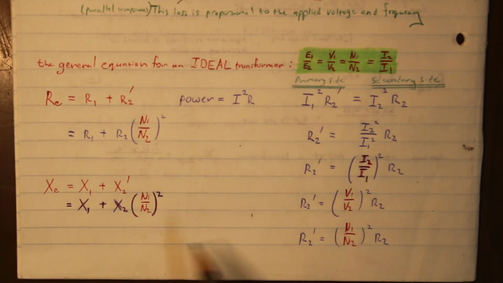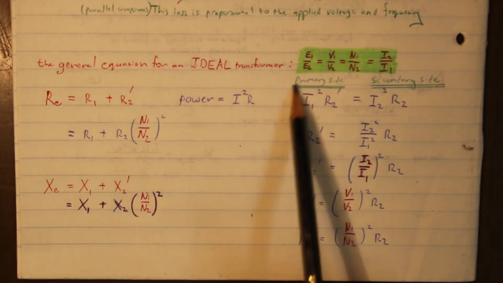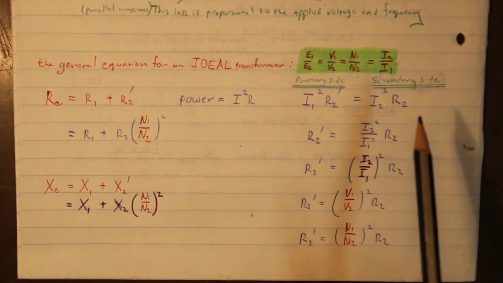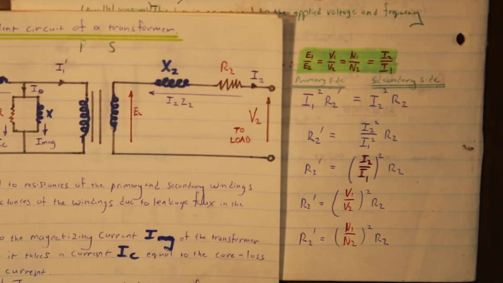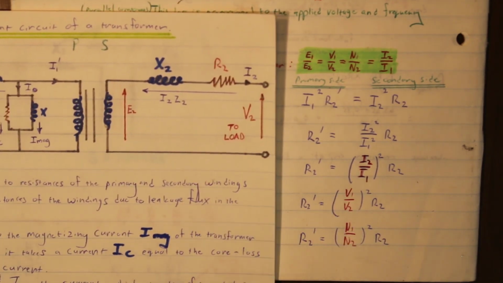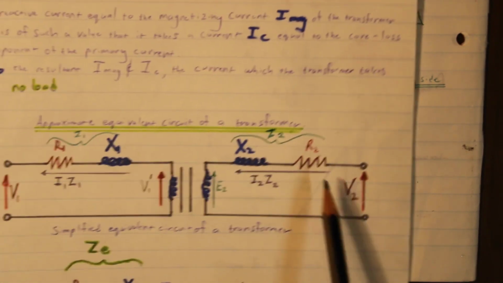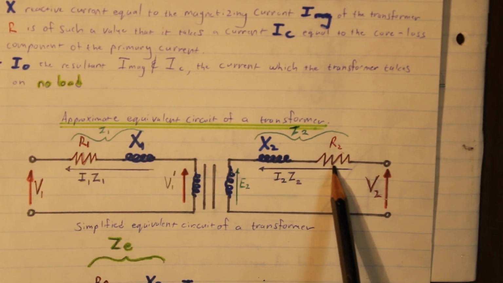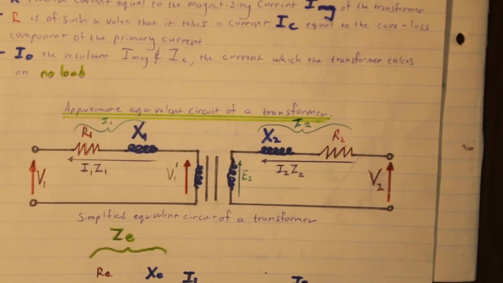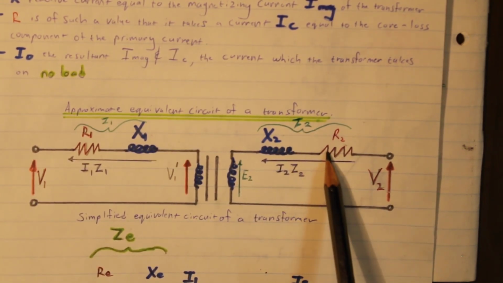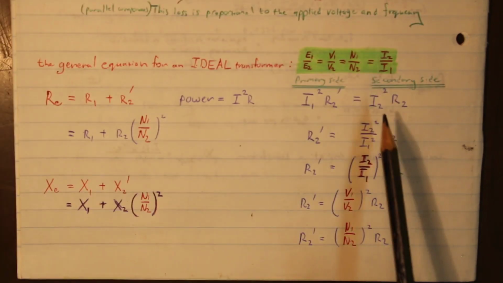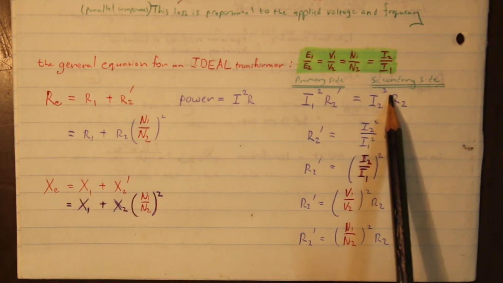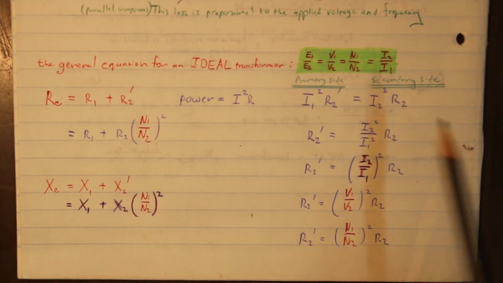Okay, so on the primary side, firstly, actually let's look at the secondary side. We're looking at this resistor, this resistance over here, R2. What is the power consumption of that? It's I2 squared times this resistance. So that's what I've got here on the secondary side: I2 squared times R2.